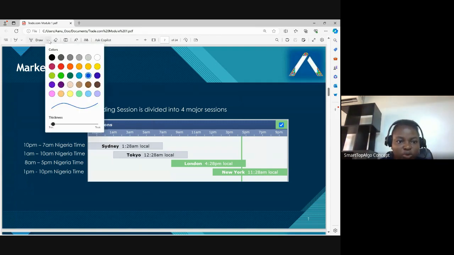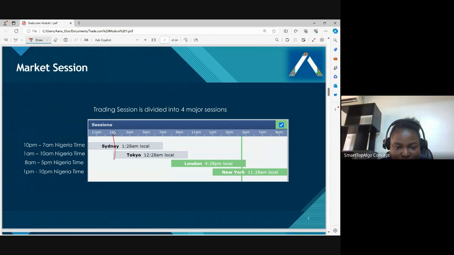Now, this is what we call session overlap. Between these points, you will notice that at this point, we have two sessions that are open.